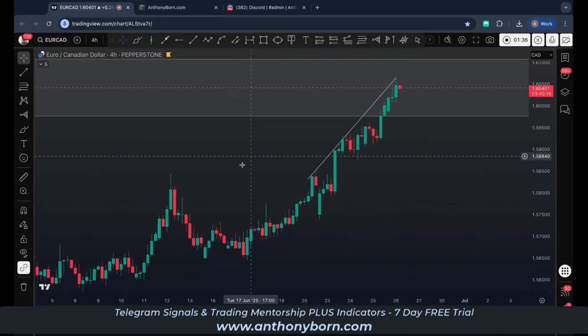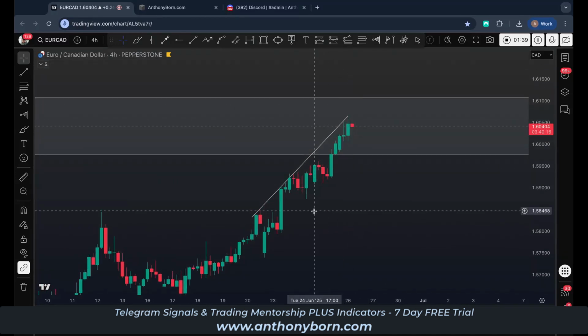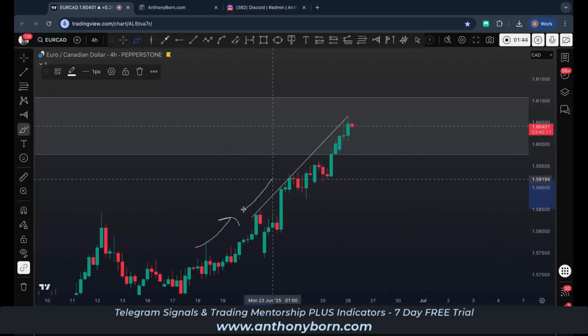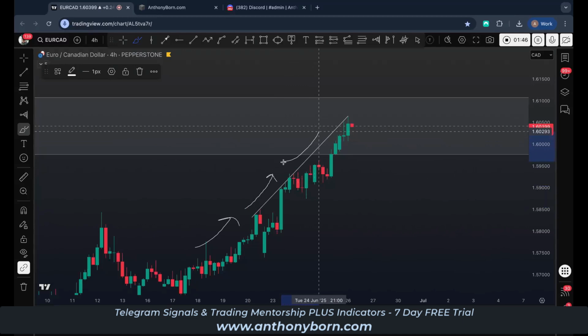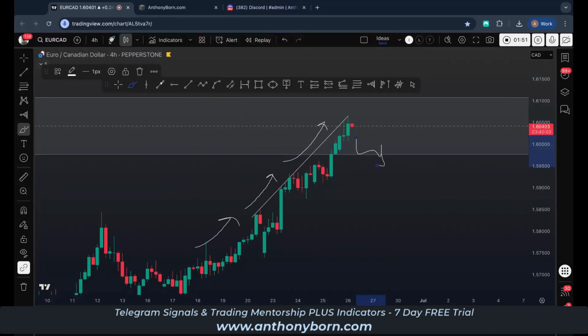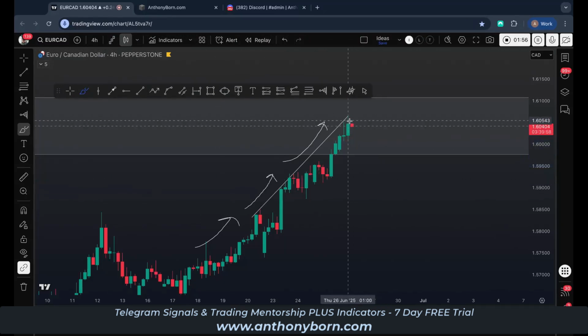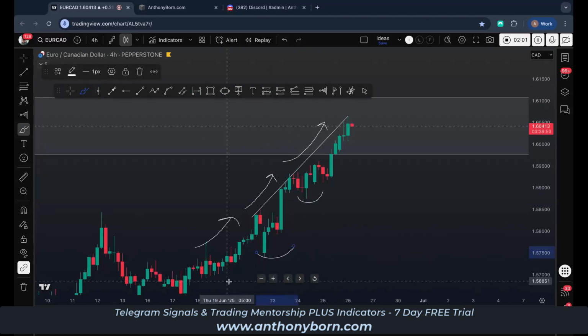I like the 3 drive idea: drive number 1 pushes aggressively, drive number 2, then drive number 3, and then some kind of correction. I have systems that tell me when these opportunities arise.